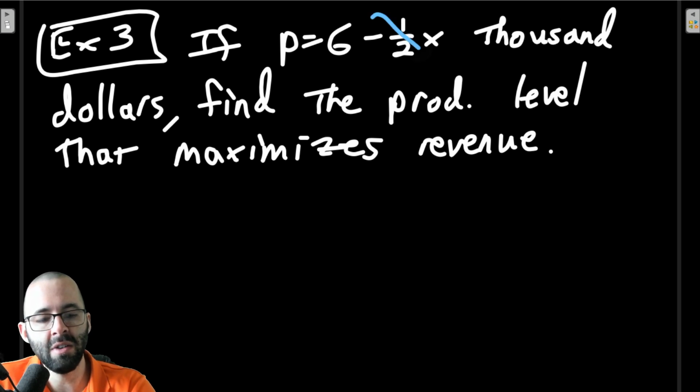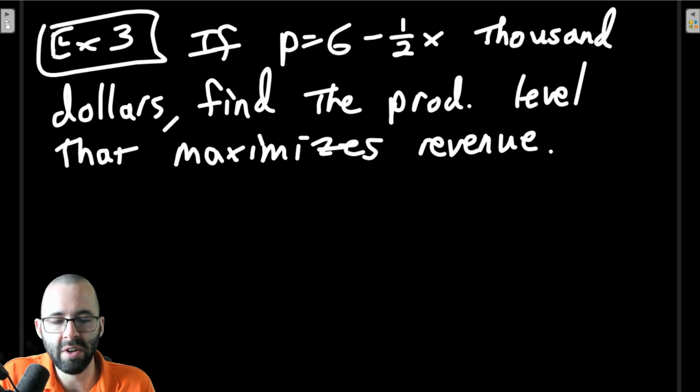If X is 0, that means that if I charge $6,000 for this item, nobody's going to buy it. X will be 0. So you can think of X as either how much we're producing or how much we want to sell. In most of these situations for our class, they'll be the same number.